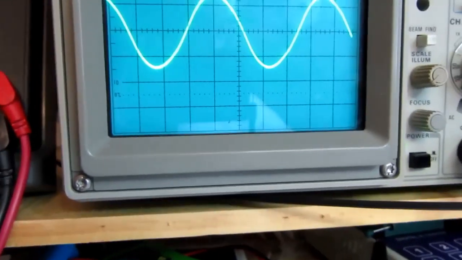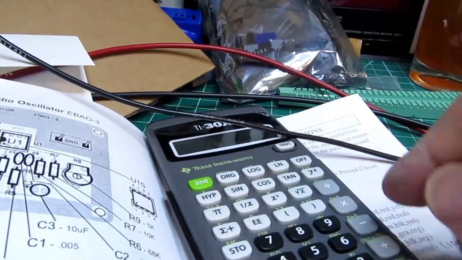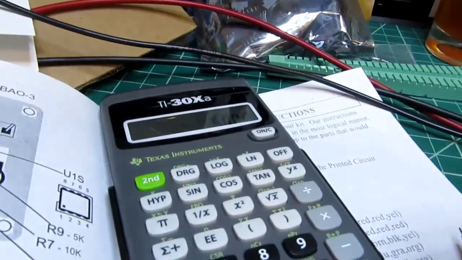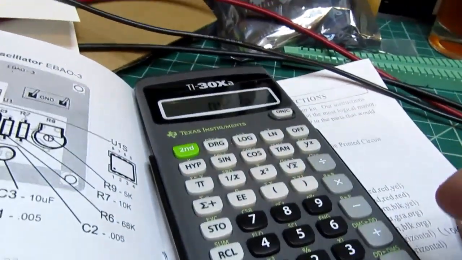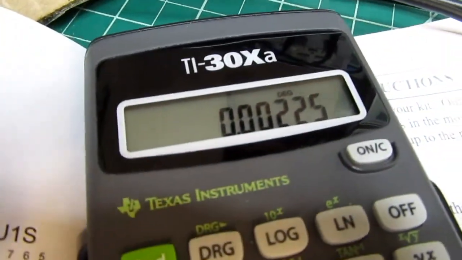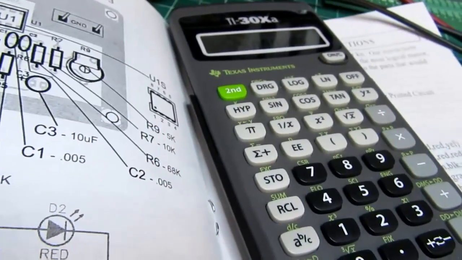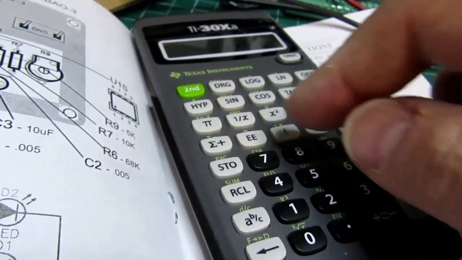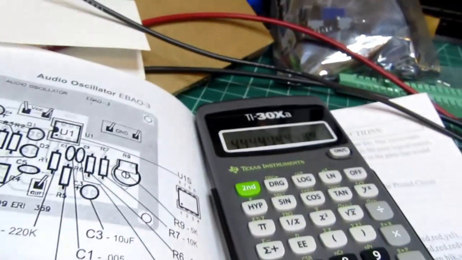So I can go 500 times 10 to the minus 6th times 4.5 divisions gives me 0.00225 seconds, and then I take the reciprocal, and it's 444 hertz.